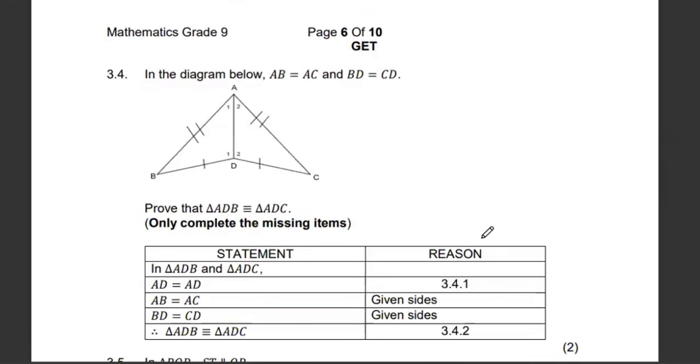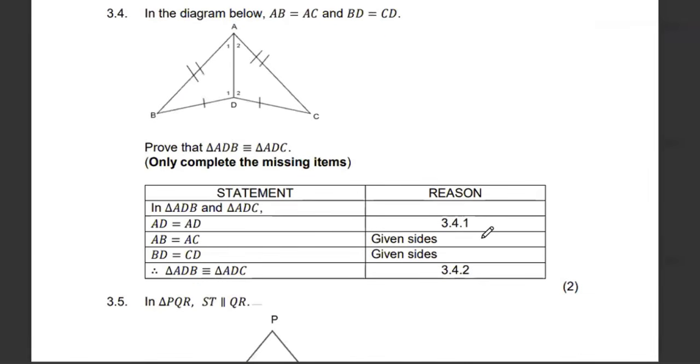3.4. Diagram below. AB is the same as AC. BD is the same as CD. They want us to prove that this triangle is congruent to this.